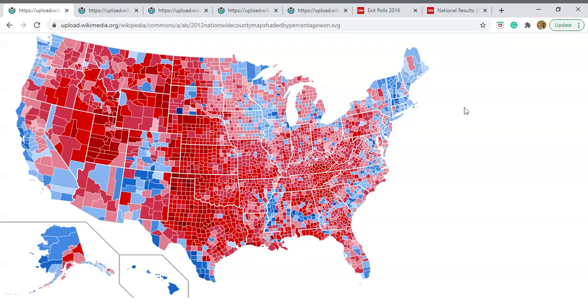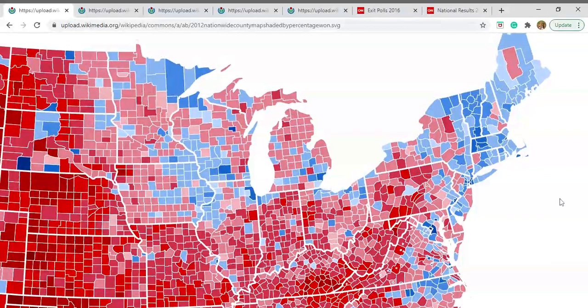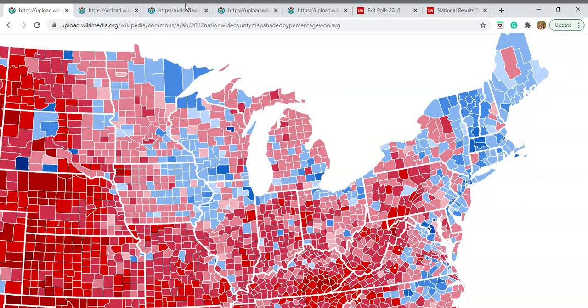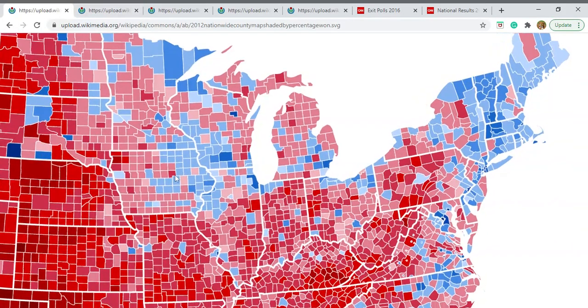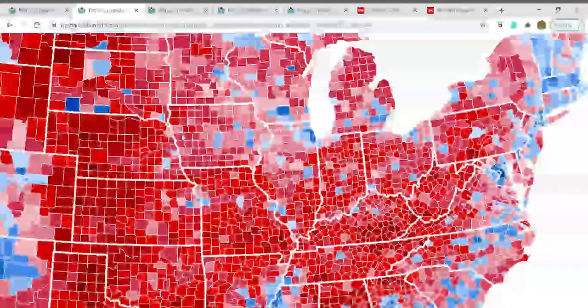So this map right here is a map of the 2012 results, and you'll notice in a lot of places it's a lot bluer. So let's take a look at the Midwest. This is a very important region politically of the country, and you'll see right off the bat that states such as Iowa, which Barack Obama won both in 2008 and 2012, has a lot of blue compared to in 2016.